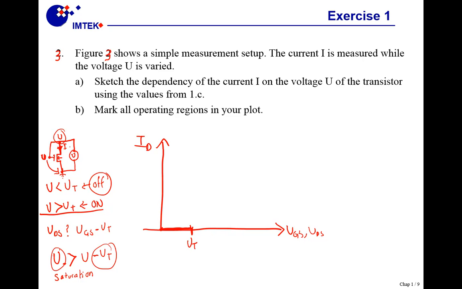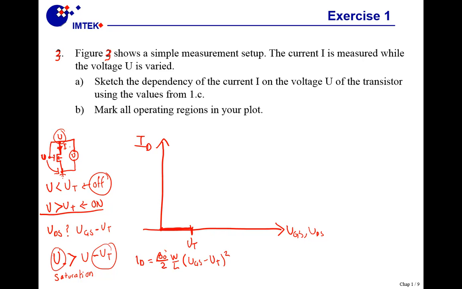Okay? And then if I relate to the formula of saturation, ID is equal to beta sub 0 divided by 2 times W over L times UGS minus UT squared. All right?